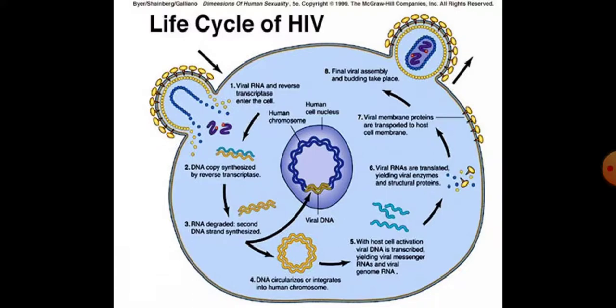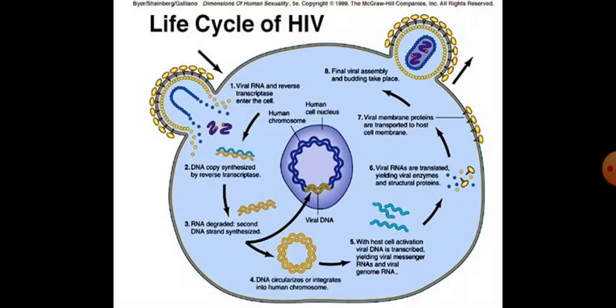This provirus is now able to transcribe further RNAs, and these RNA molecules include new viral RNA genomes as well as messenger RNAs, which code for different proteins required for the synthesis of new HIV particles.